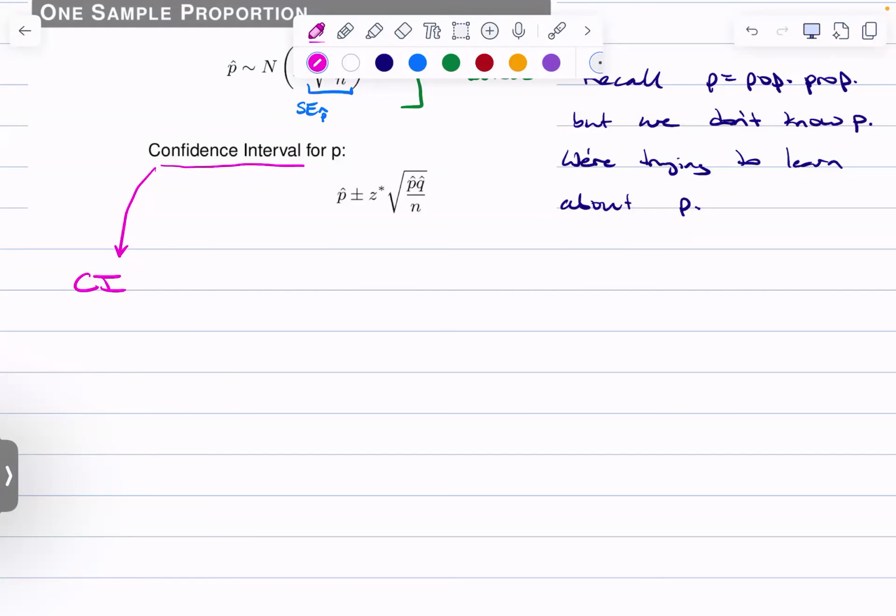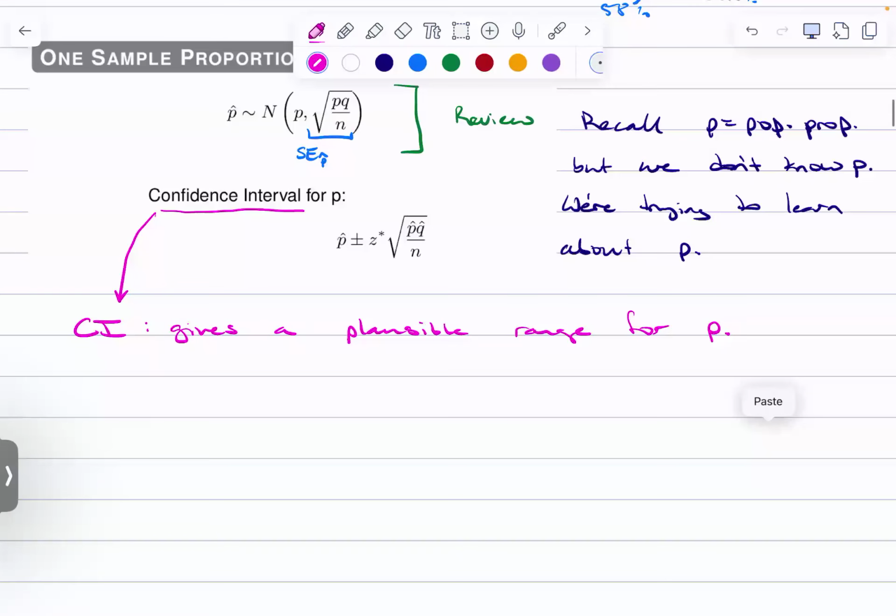So a confidence interval gives a plausible range for P. We're trying to learn about P, right? And so our first step towards learning about P will be, okay, well, what's a reasonable range for what P might be? And so that's what a confidence interval does.